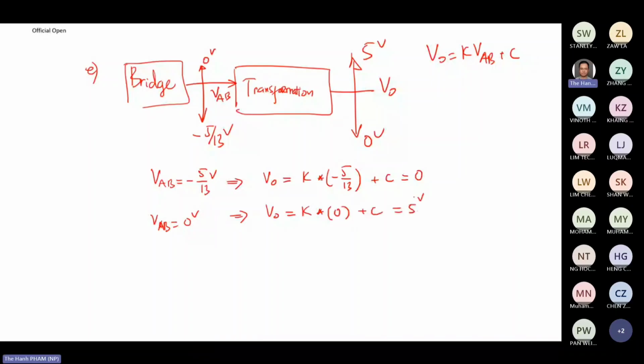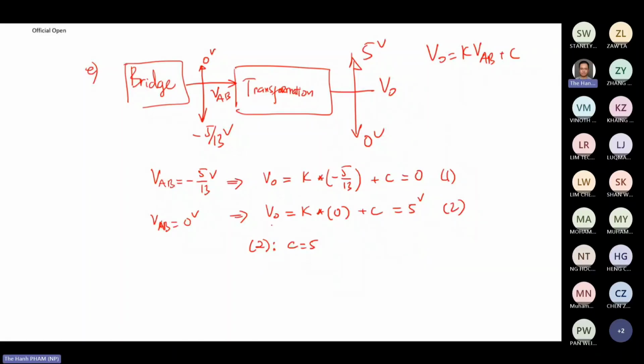Now, I call this equation 1, equation 2. Easily, you will see from 2, C must be 5, because K times 0 is 0.